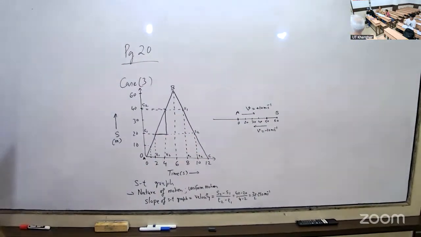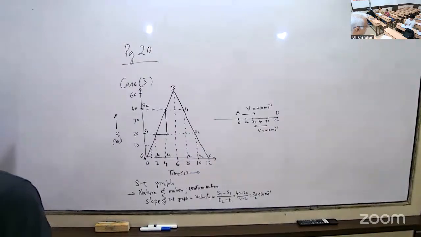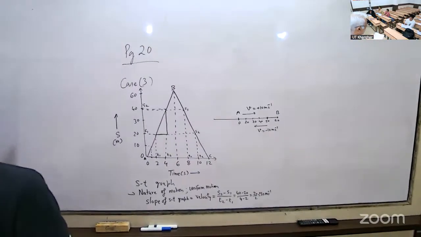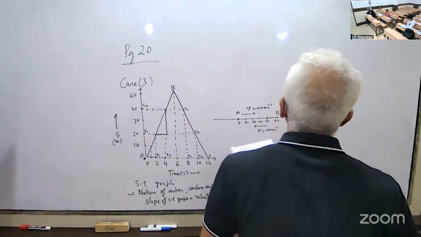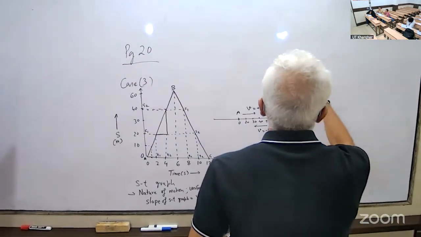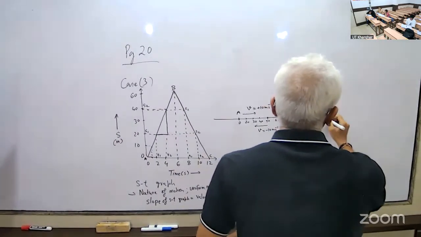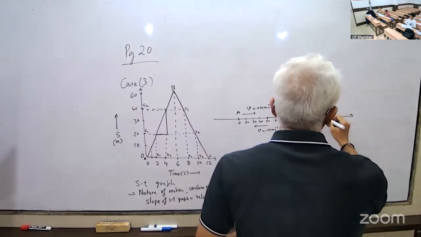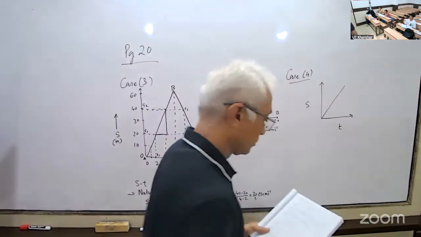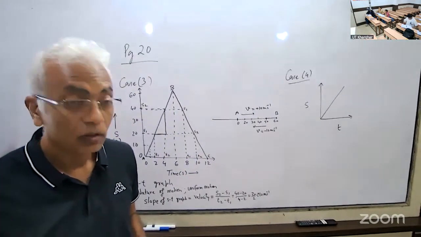Okay. Now next, let's look at case 4. What kind of graph is it? It is again a displacement-time graph.